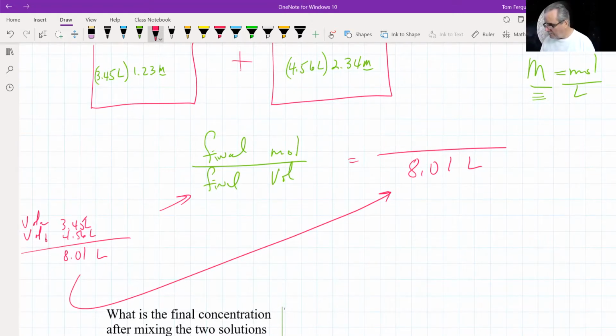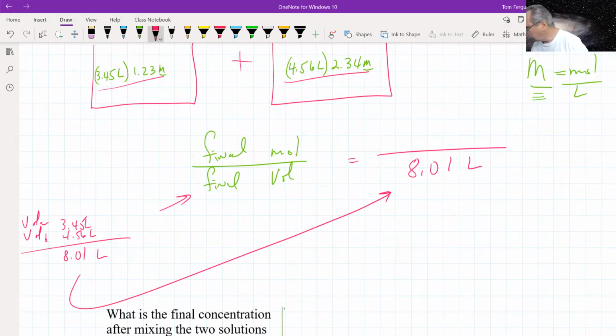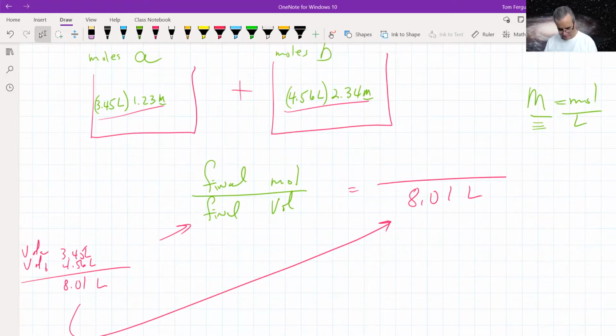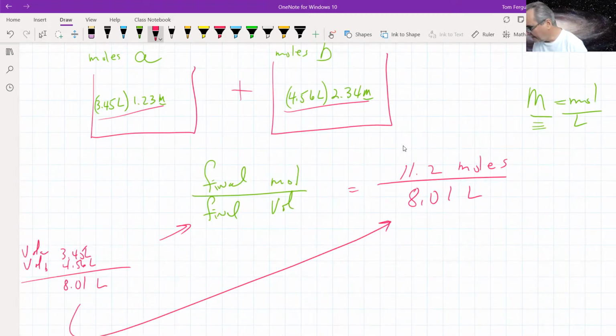The final moles is going to be this guy plus this guy. So it's going to be 3.45 times 1.23 plus 4.56 times 2.34. And that's going to be 11.2 moles.